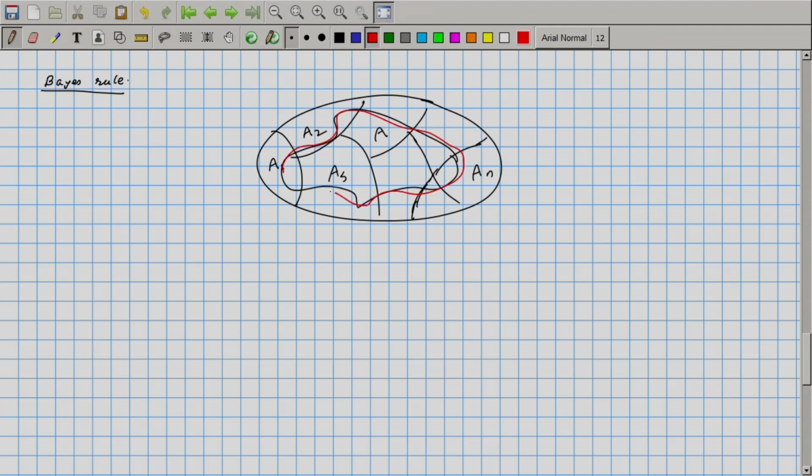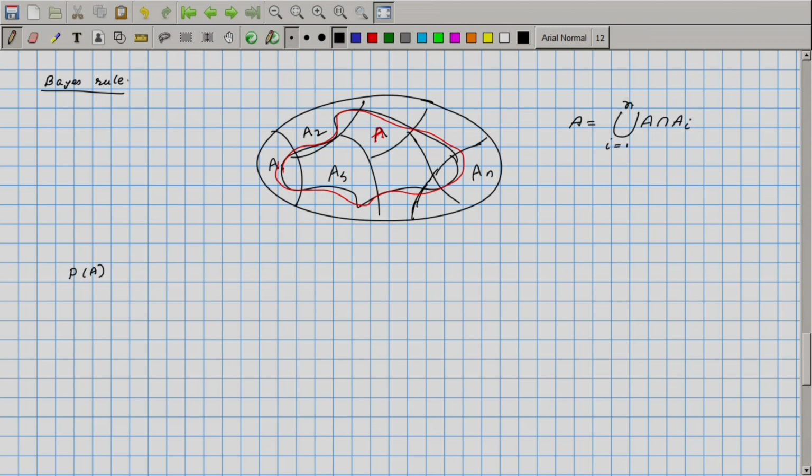this is the event drawn in red color. Now, that event's probability, how do we determine? Clearly, the event A is equal to the union of A intersection AIs.